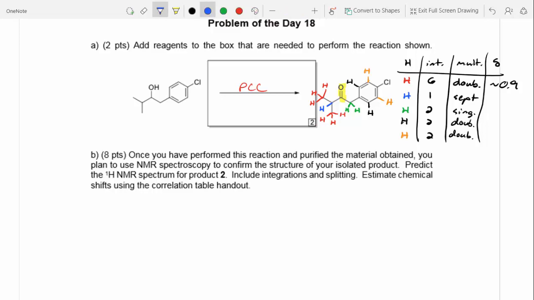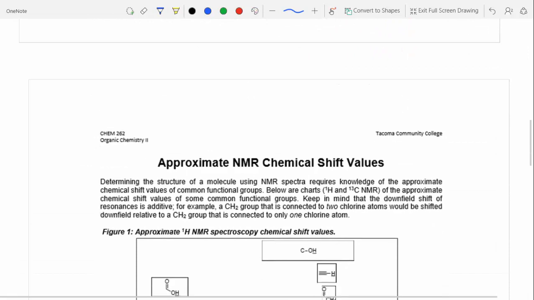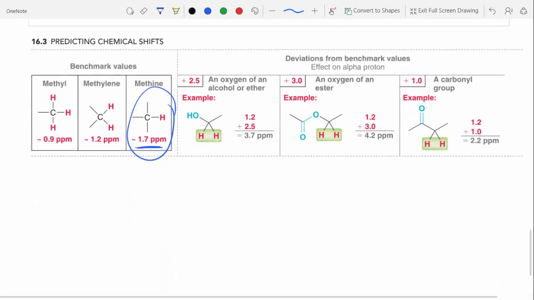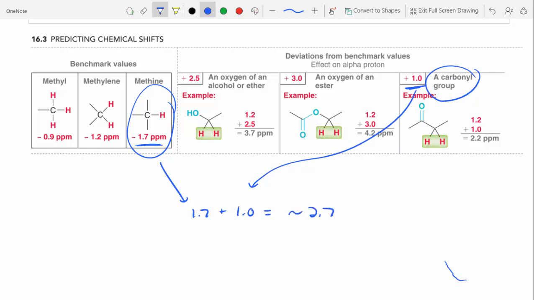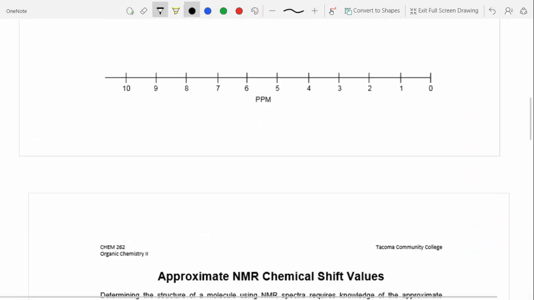And in fact, if you go to the Klein table, he says one easy trick is take this base value, which is 1.7. We know that we've got a carbonyl group next to it, so we're going to add 1 to this carbonyl group, right? So 1.7 plus 1.0 equals approximately 2.7, right? So that blue proton that we saw, we could estimate will show up at approximately 2.7 ppm. So let's go fill that in on our table.